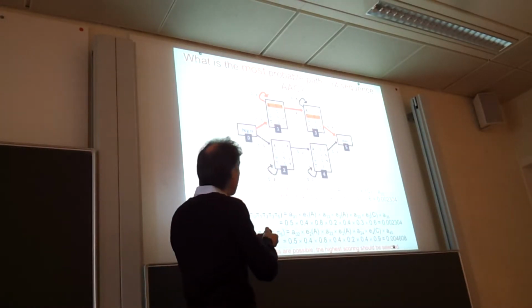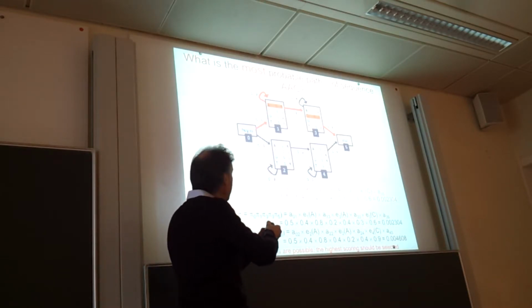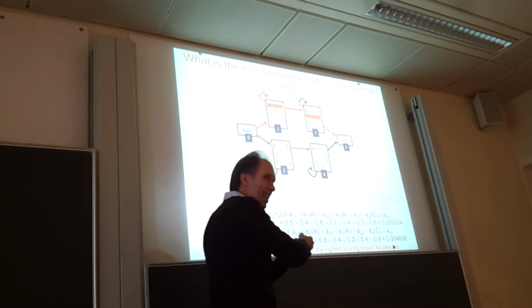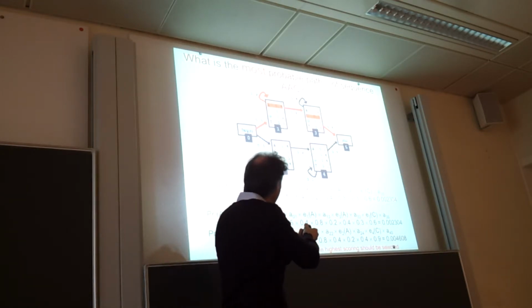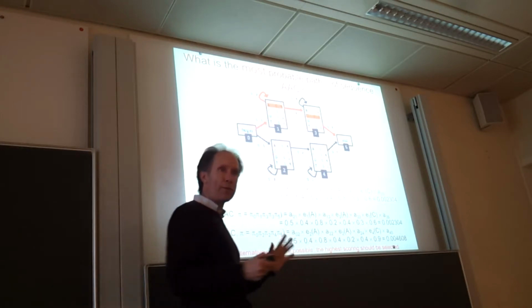0.5, this 0.4 in the state, this 0.2 for the transition probability, this 0.8 for the transition probability, another 0.8 for the transition probability, and this C for the emission probability, and another probability, 0.6 transition probability. Now we have two types of probabilities.